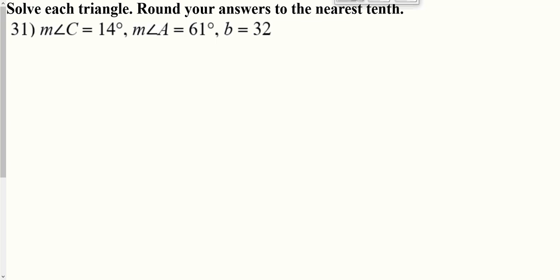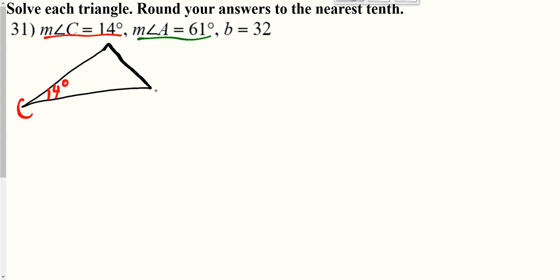So I'm going to start out by basically drawing this out. Let's see, A's got to be one of the other angles. I'm going to just choose to put it here for no apparent reason. It's got to be just one of the other two. And then that means angle B would be up here.